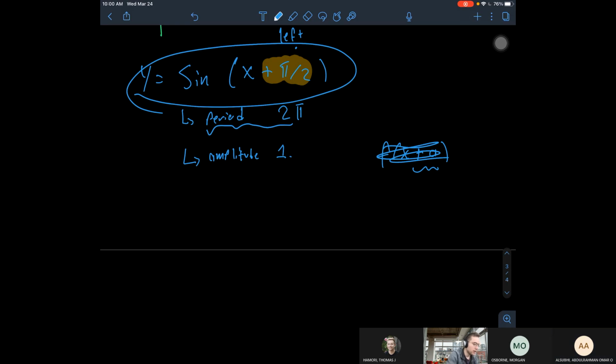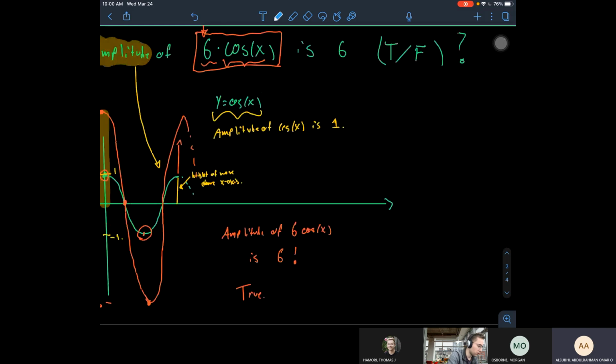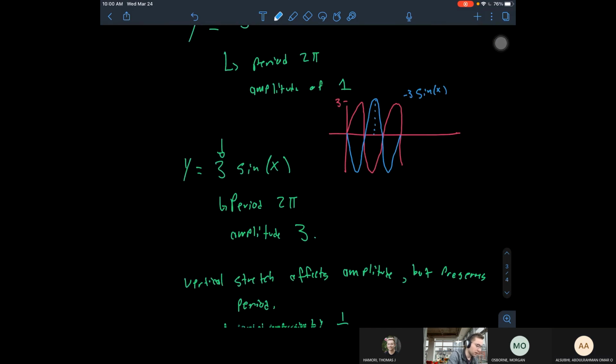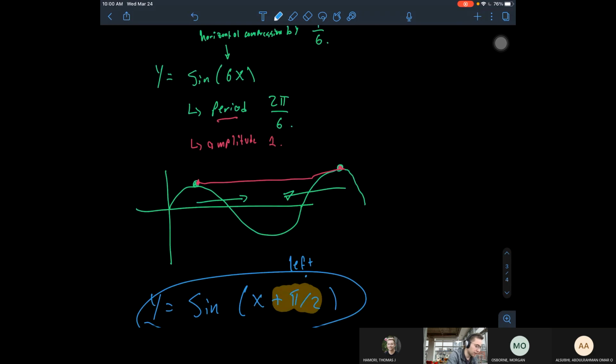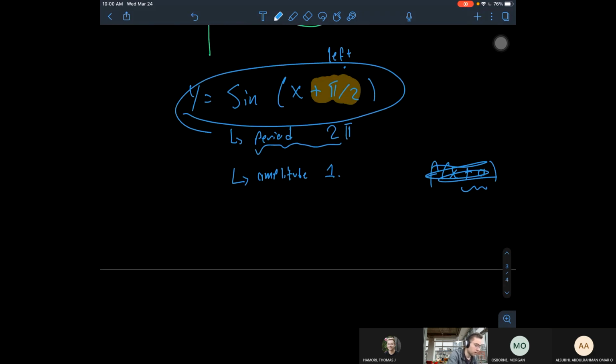That is clearly going to be affected by a horizontal compression. It's not going to be affected by a vertical stretch of any kind. It's not going to be affected by a shift of any kind. If we have amplitude, this is a measurement of the height of a wave. It will clearly be affected by a vertical stretch. It won't be affected by a shift, and it won't be affected by anything going horizontal of any kind.